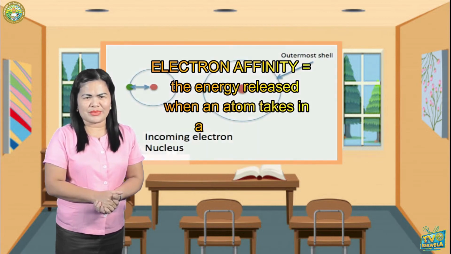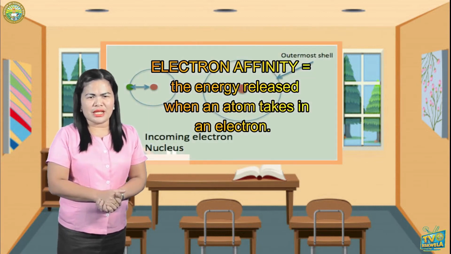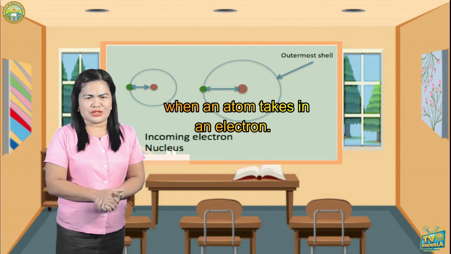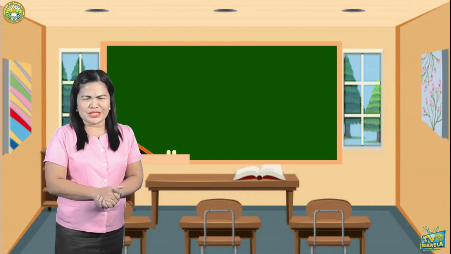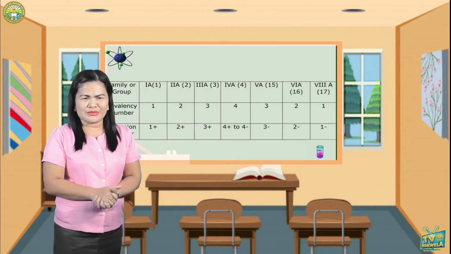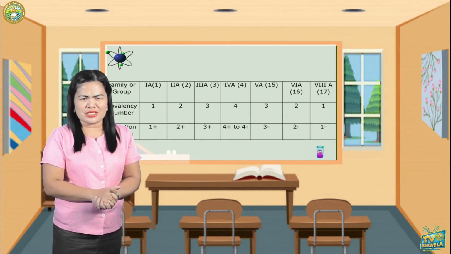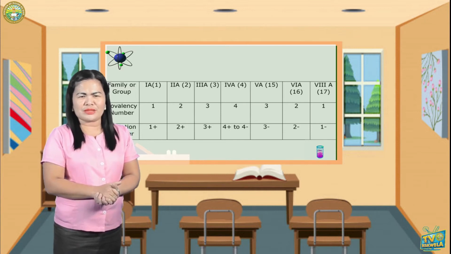Electron affinity: the energy released when an atom takes in an electron. We will also consider the information given on the table below. This will give us some precautionary measure in illustrating the formation of an ionic bond.